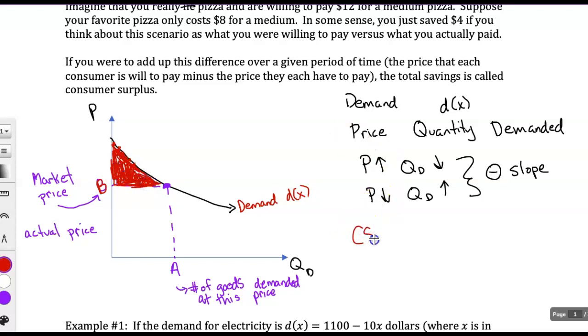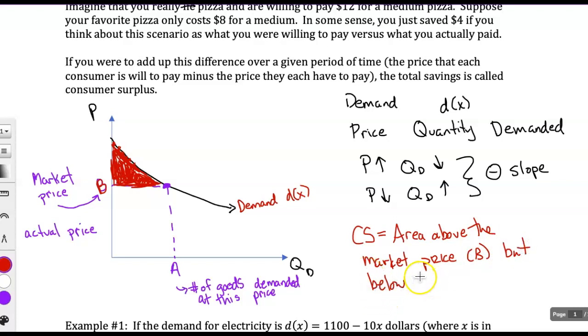Consumer surplus is equal to the area above the market price, which we're calling B, but below the demand curve. All these consumers were willing to pay more money than the market price. So this is called consumer surplus.